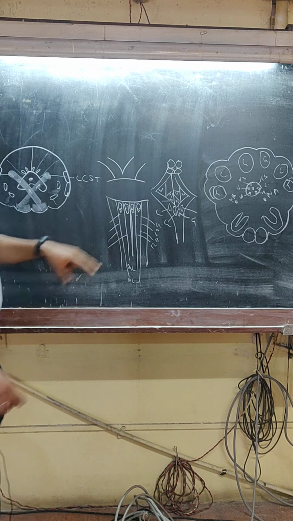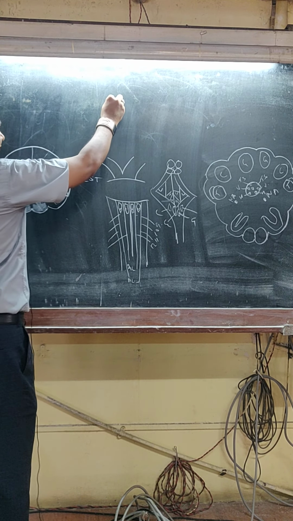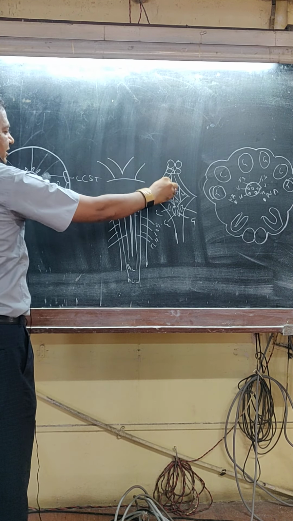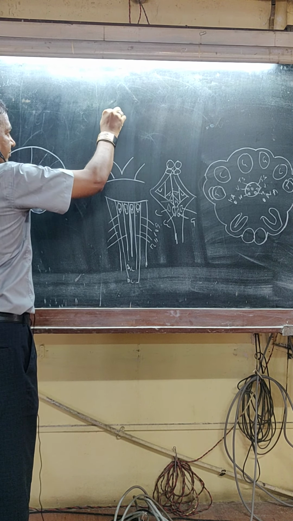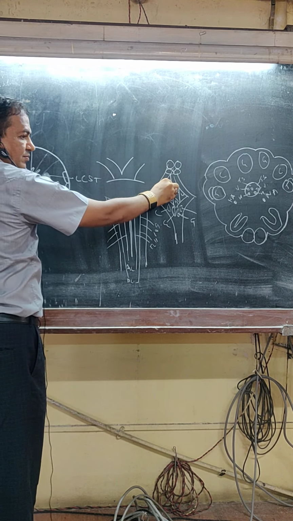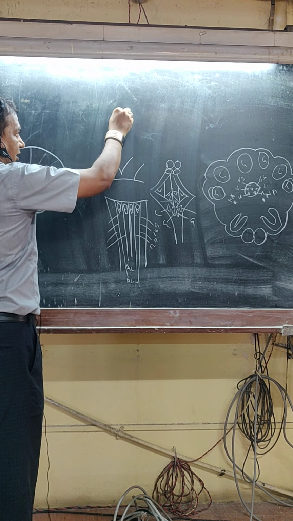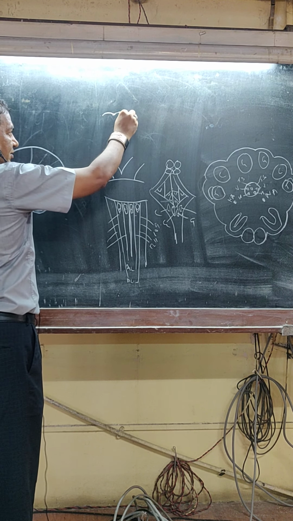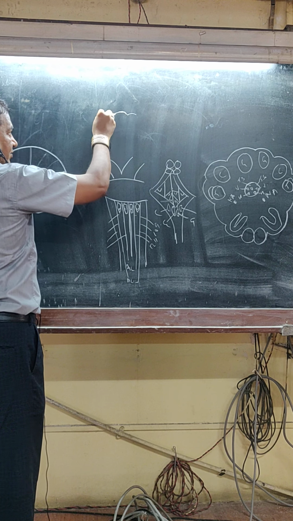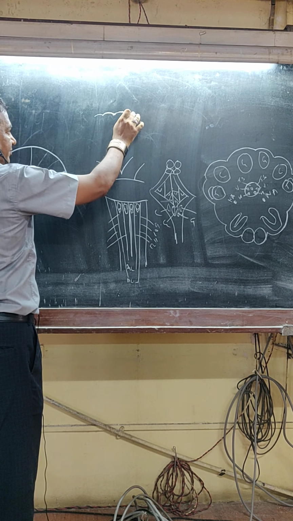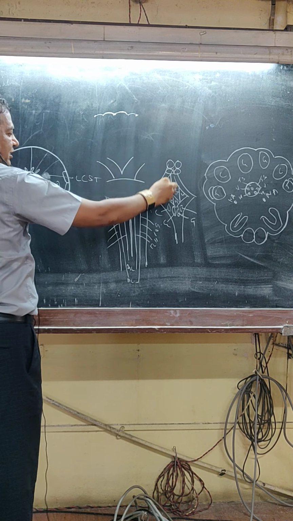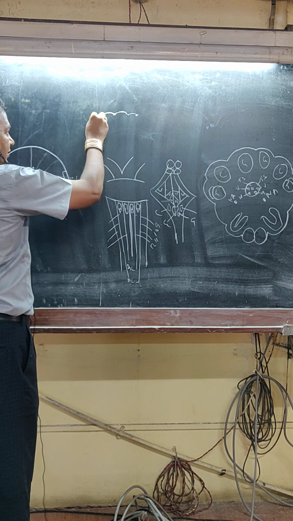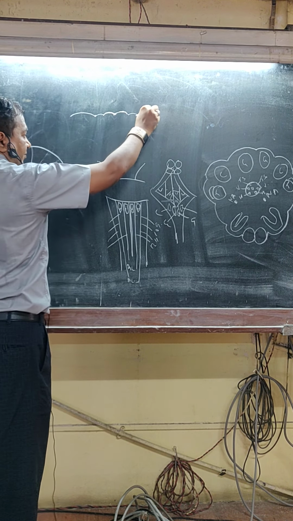So you start drawing this. I am drawing the posterior aspect first. Suppose this is the median sulcus, then hypoglossal triangle, vagal, they are almost together, then sulcus limitans, then vestibular area.